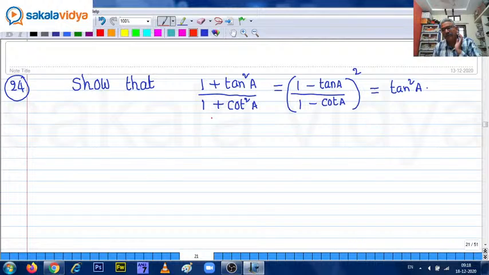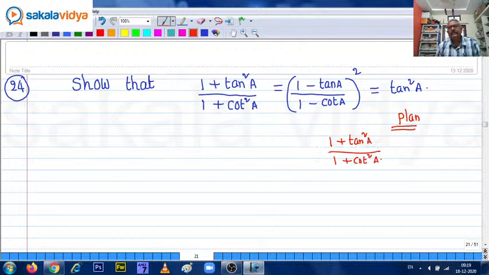So what shall we do now? What's our strategy? So first plan. Consider 1 plus tan square A by 1 plus cot square A. In this, substitute cot A is equal to 1 upon tan A. After simplification, you get this one. This is the first step.